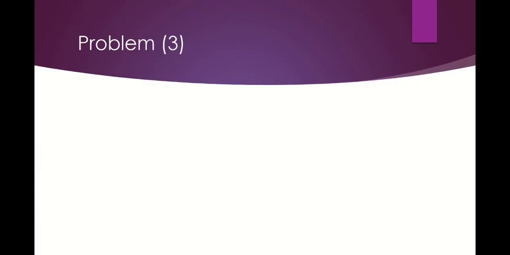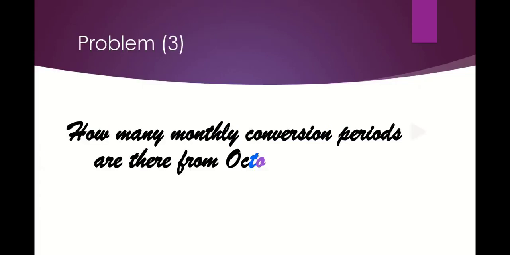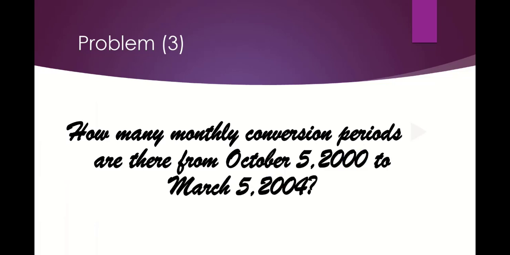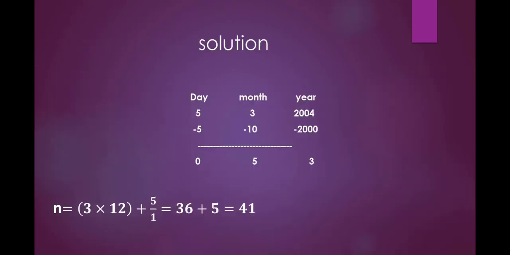Problem number 3. How many monthly conversion periods are there from October 5, 2000 to March 5, 2004? The answer. We will start with the date of March 5, 2004 minus the date of October 5, 2000.